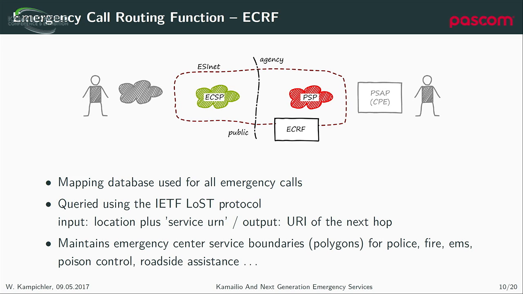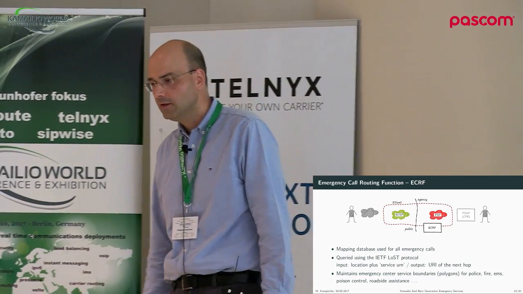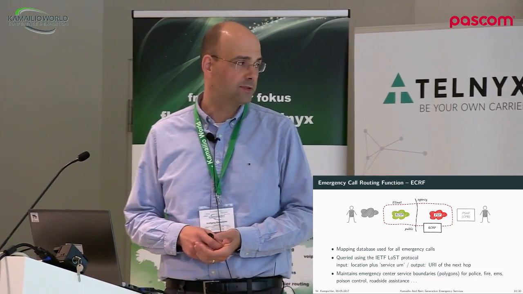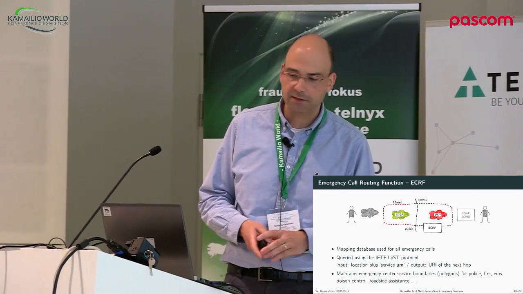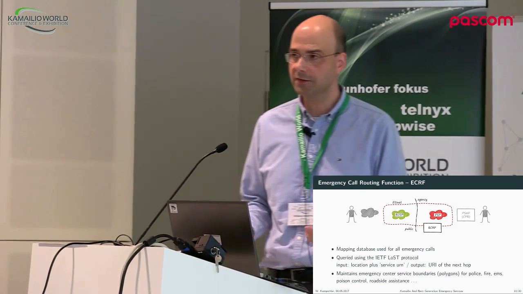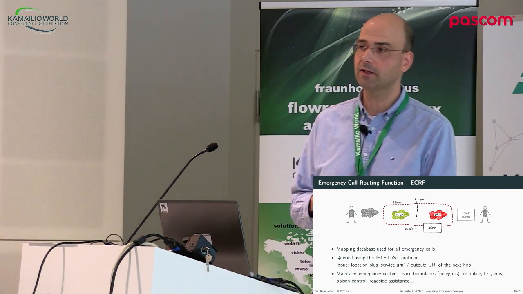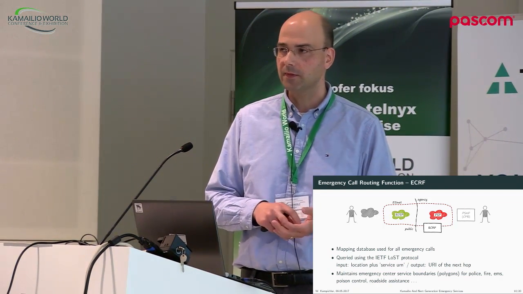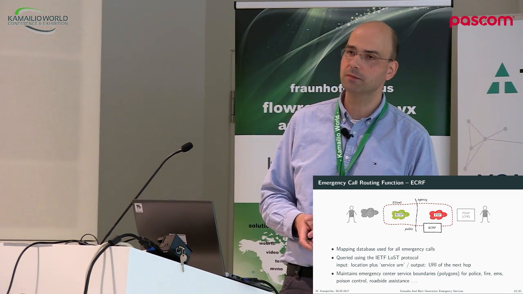Actually, the input for this is based on the IETF LoST protocol. It provides the location plus the service URN and returns the URI of the next hop. And as I said, it maintains emergency center service boundaries. These are polygons. Today, it's based on area codes. So if you dial an emergency number here in Germany, then you also provide the area code you're dialing from, and this is then used for routing.